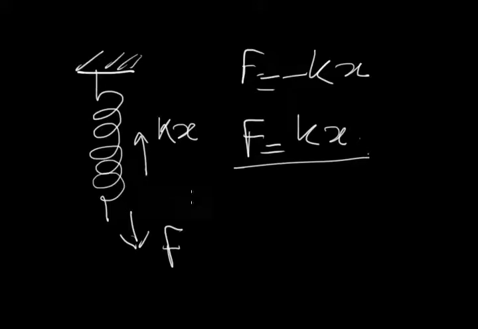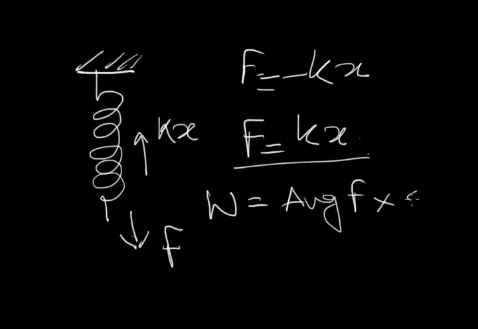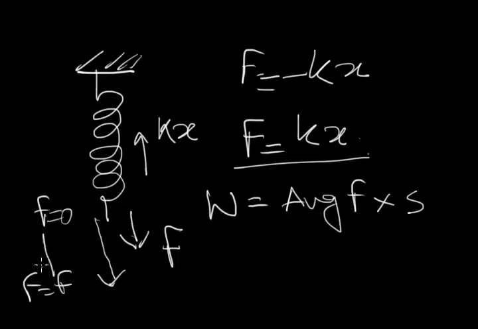Now here the potential energy part of the spring comes from the work itself again. That work, as we can calculate here, uses the average force. Why do we consider the average force here? When the spring is at its natural length, the force is 0, and when you elongate it to a particular point, the force becomes F. So this gradual increase from 0 to F makes the force average.